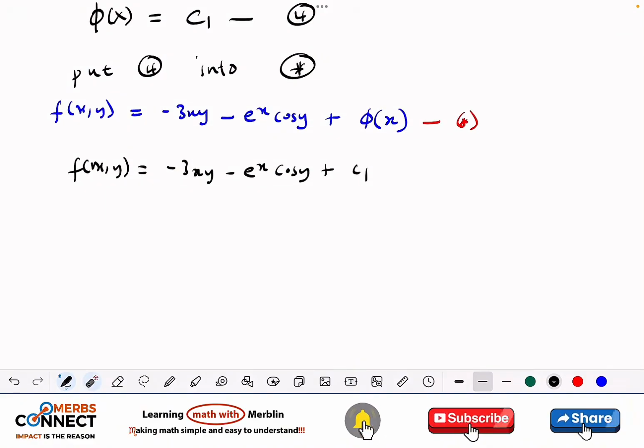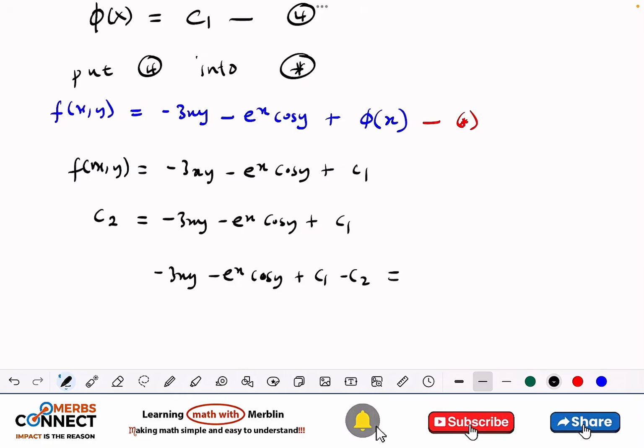Then we know that always this f of x,y is a constant, so let me name it, let's say c2. Minus 3xy minus e^x cos y plus c1 minus c2 is equal to 0.